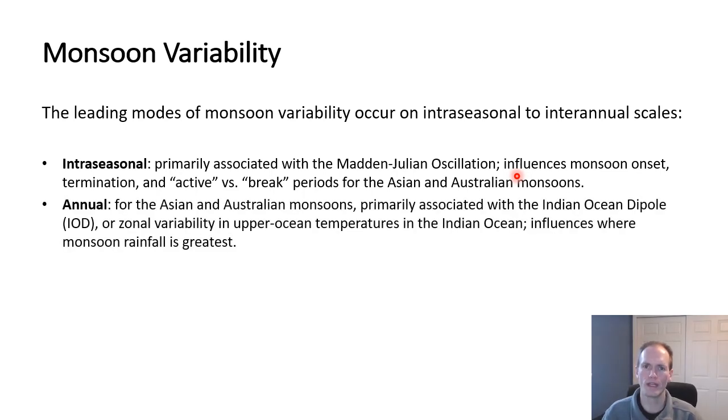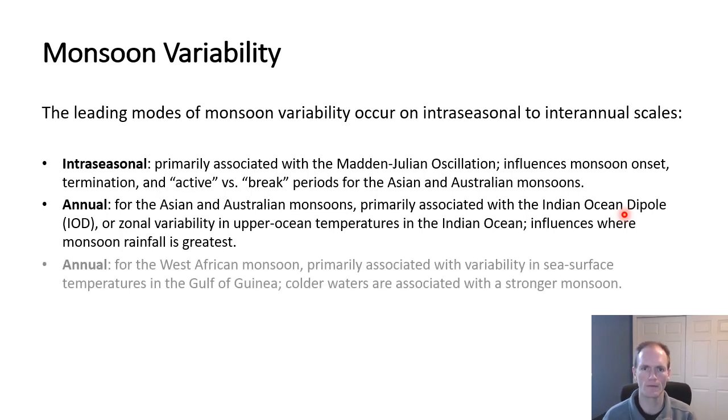On an annual basis with those two monsoons, the variability is primarily associated with the Indian Ocean dipole, which we'll discuss in a little bit of detail in just a moment. But this is an ENSO-like circulation just in the Indian Ocean that influences the ocean temperatures between the western and the eastern equatorial Indian Oceans.